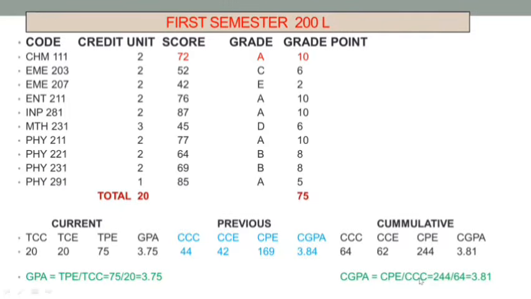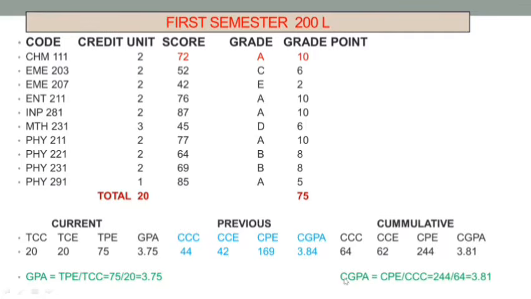Let's look at the cumulative. The cumulative here, the CCC is what? 44 plus 20. We have our CCC, which is 64. Then the CCE, the cumulative, is 42 plus 20, which is 62. Then the CPE is 169 plus what? 75. We have 244.